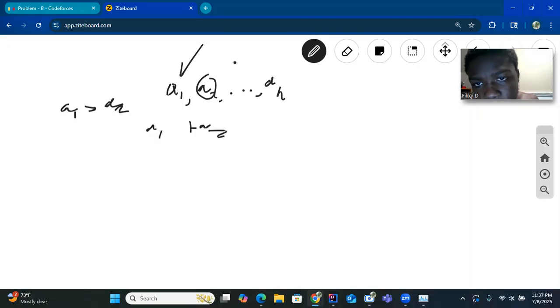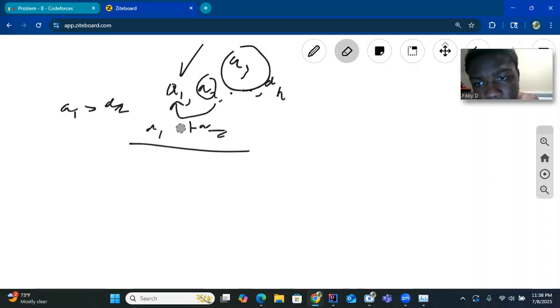Then you go to A3 and ask, can A3 contribute to my answer? Intuitively, I don't want it to contribute, because right now the prefix minimum is A2. But I could still retain this sum by doing the operation here, right?